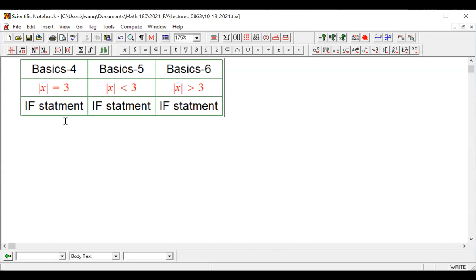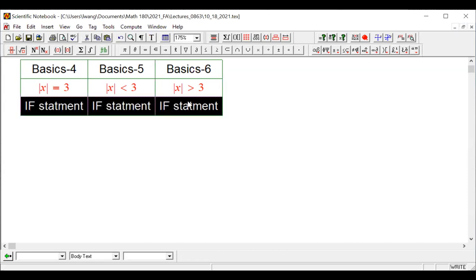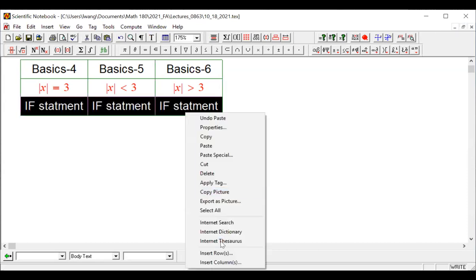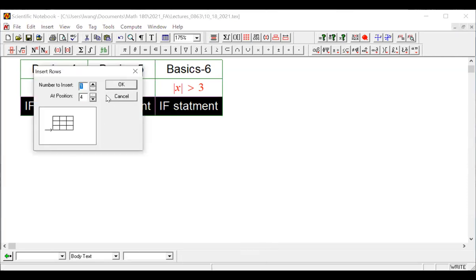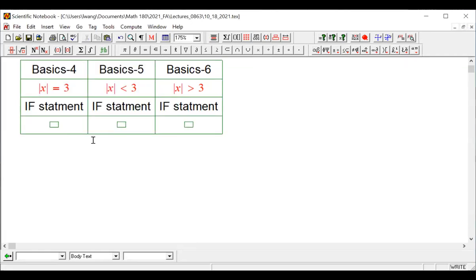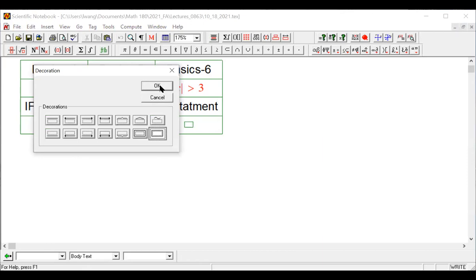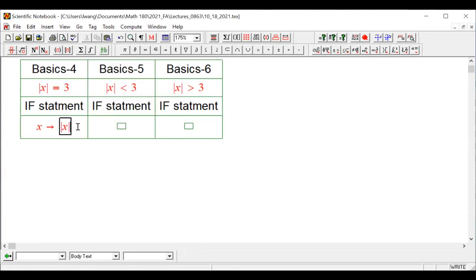From what we covered yesterday, we see this as a function. The function takes the input and produces the output.